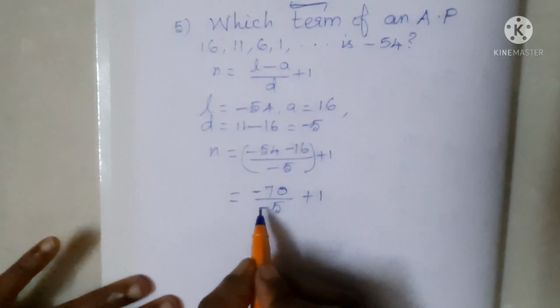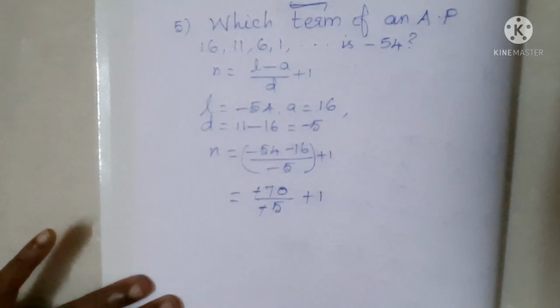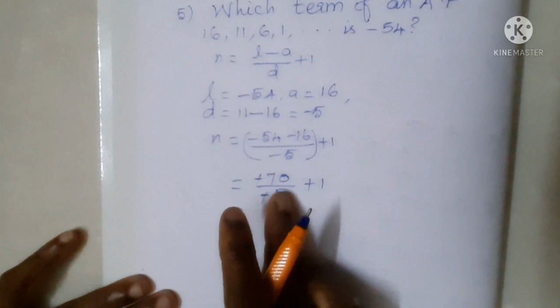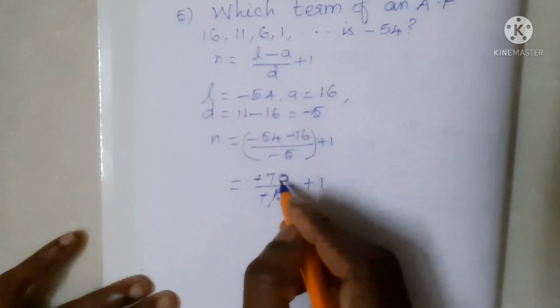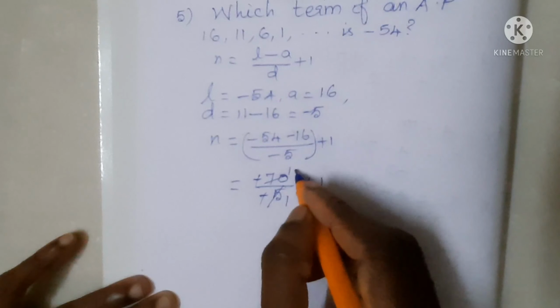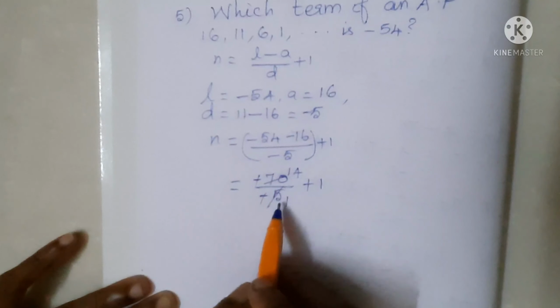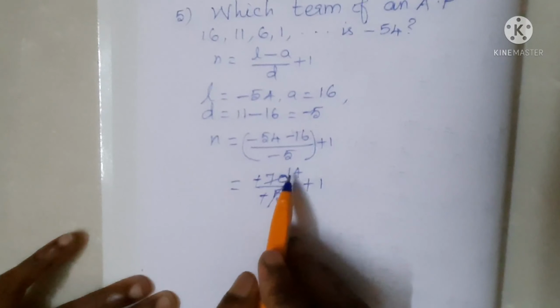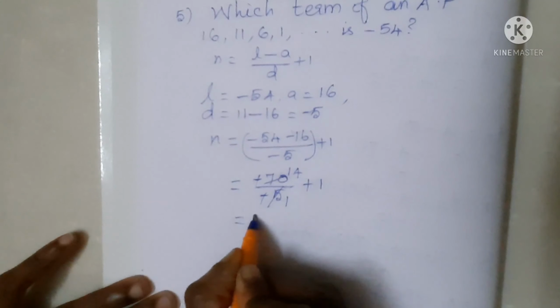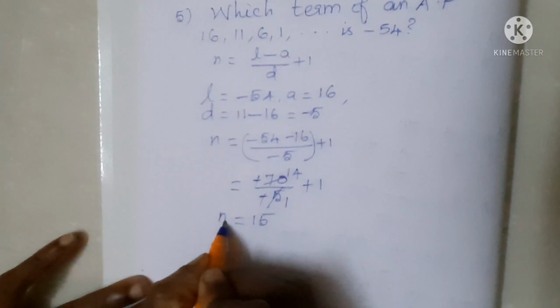So now you cancel the minus sign in numerator and denominator. Then 70 divided by 5 is 14. 14 plus 1 is 15. So n is equal to 15.